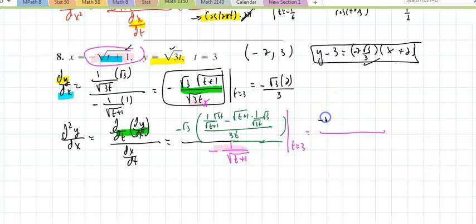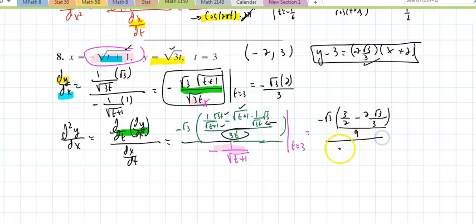And that would be a negative radical 3. And let's see. If I put a 3 right there, that's a 3 over 2 minus 2 radical 3 over 3 divided by, oh, I missed, over 9 divided by negative 1 over, and if I put a 3 there, that's a 2, right?